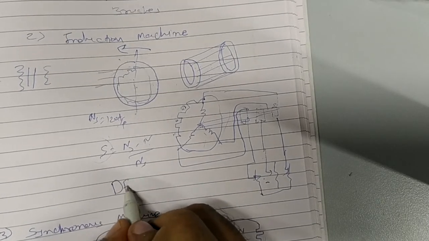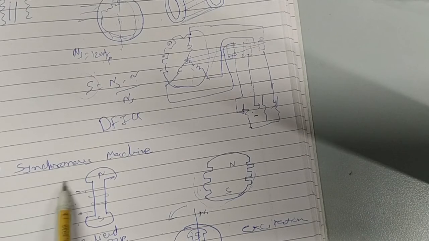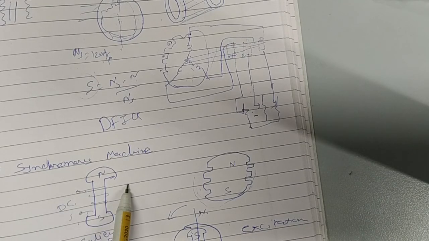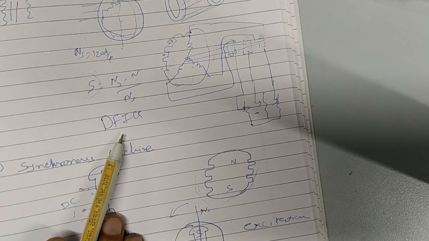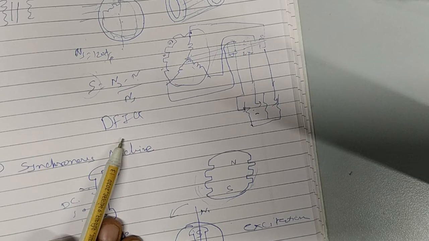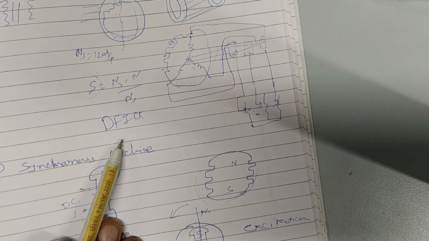Mostly they are DFIG, doubly fed induction generators, or some of them use a synchronous generator. So we need to study the construction and operation of these generators, plus we should be able to make a model or simulation of these machines, so that we can design such a machine and also design the control schemes for these machines.